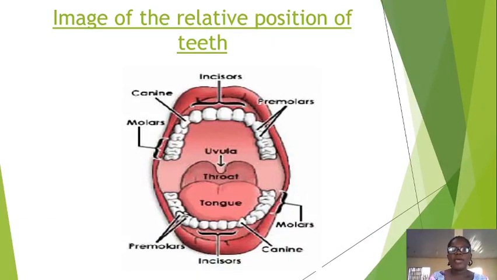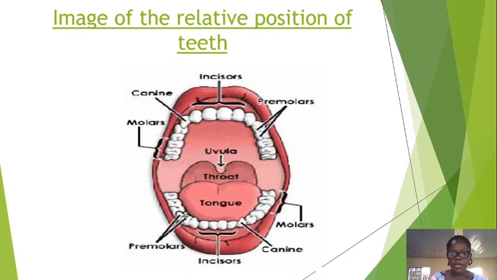Now, look at my image there to show the relative position of the teeth in the mouth. You can see the 4 incisors there that we have talked about, 4 up, 4 down. I hope you can see that with me. Then you can also see some other types of teeth, like the canine there.